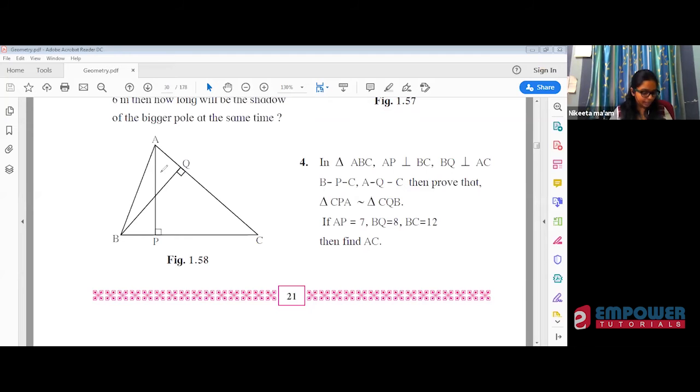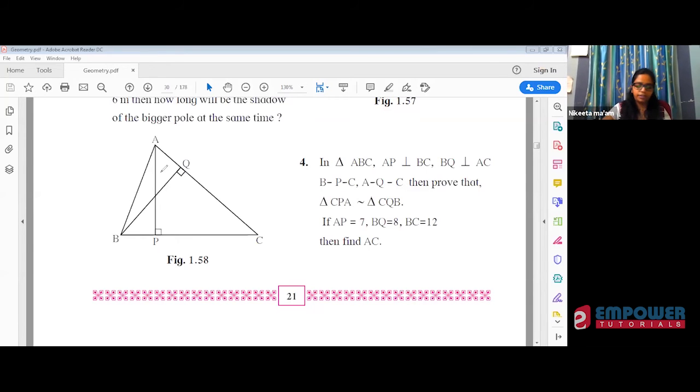It will be ultimately AAA, but first of all, the third angle is not given. Only two angles are given, which are those at Q and P. Okay, that will be the one pair, and the second pair of congruent angles, C, is basically a common angle over here. So if you see, what we have is angle APC is congruent to angle PQC.